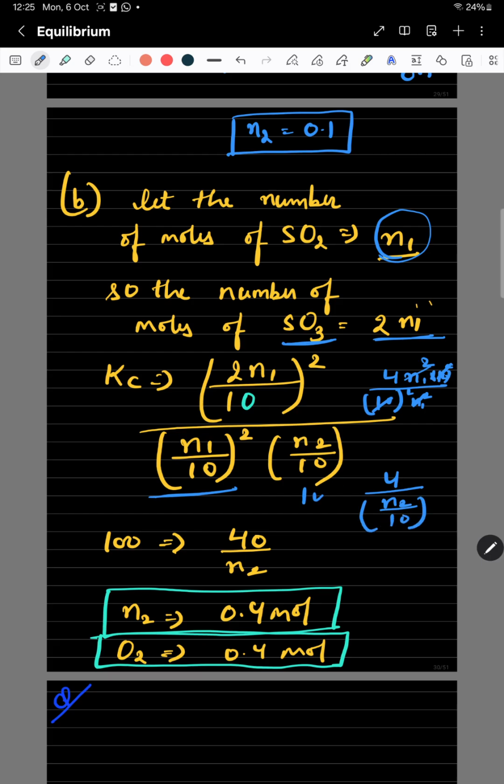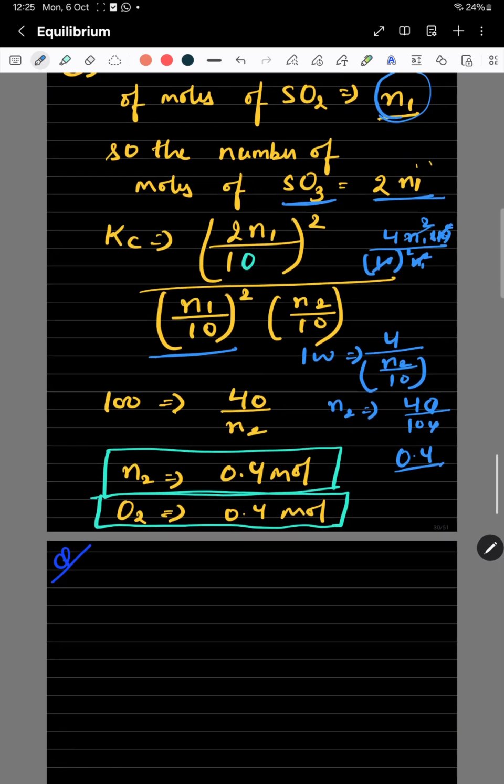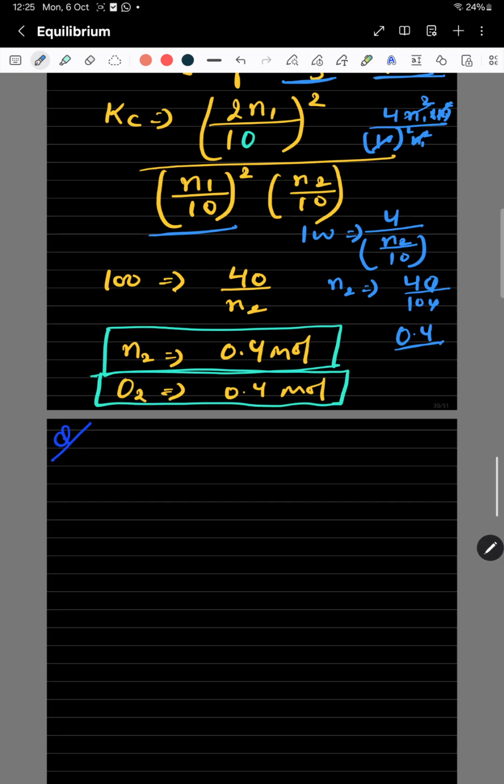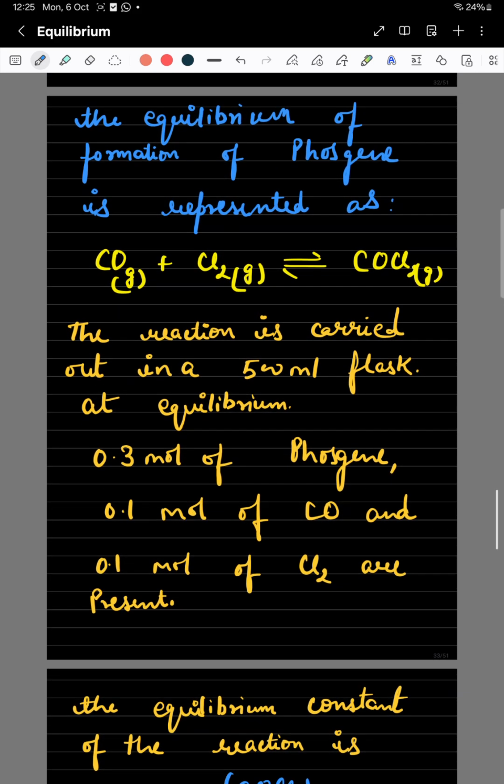And here you have Kc value 100. Then you can easily calculate the N2 value. This would become 40 by 100, so this would become 0.4 mole. So 0.4 mole of oxygen gas. N2 we have already considered as the oxygen moles.